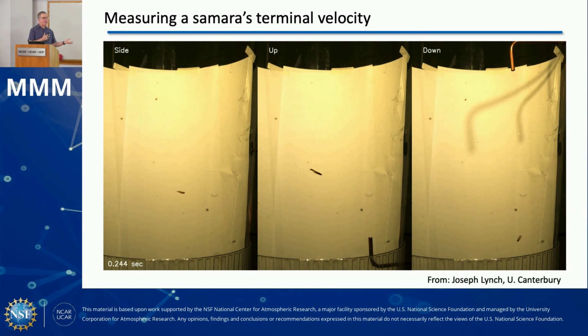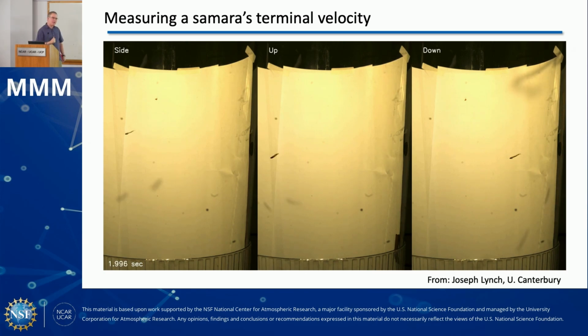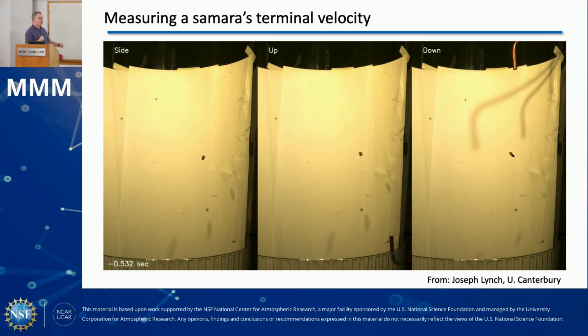This is basically a vertically pointing fan, and if you look, you'll see a tube come into the frame every now and again. This is where we're testing a gust of wind and how it knocks these seeds out of their autorotational mode, and how far they fall, if it's a gust of air from below, from above, from the side.